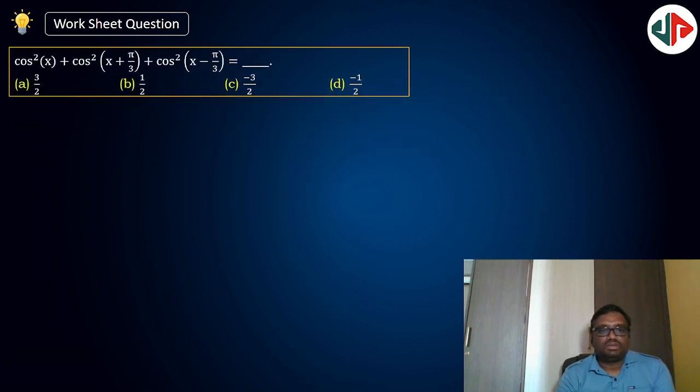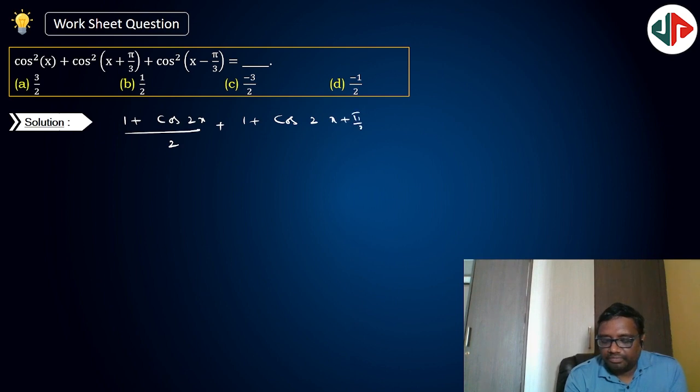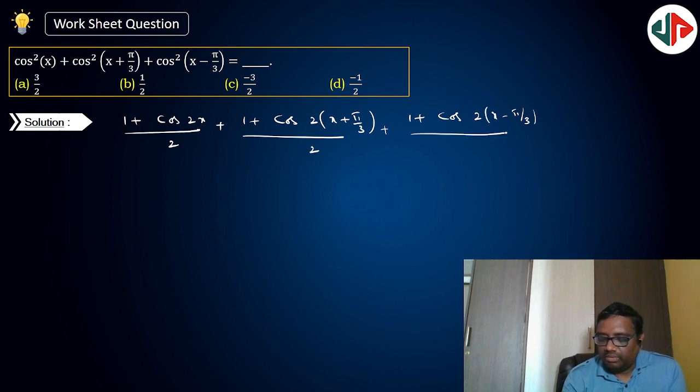Cos square x plus cos square of x plus pi by 3 plus cos square of x minus pi by 3. Cos square x we can write as 1 plus cos 2x by 2. This is also 1 plus cos of 2 times x plus pi by 3, by 2, plus 1 plus cos of 2 times x minus pi by 3, by 2.